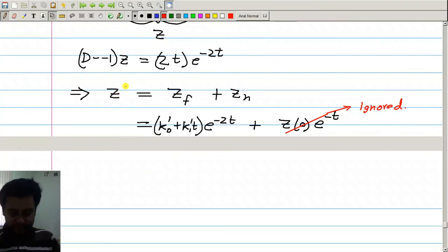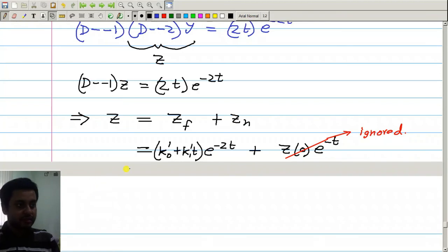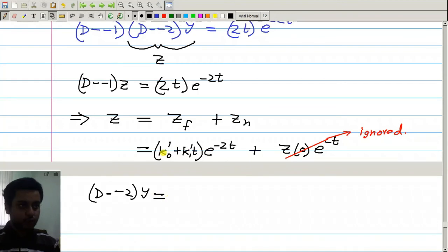Okay, and then you can write z is equal to this, so D minus 2 of y is equal to z, and z is given by this k0 prime plus k1 prime t e to the power minus 2t.